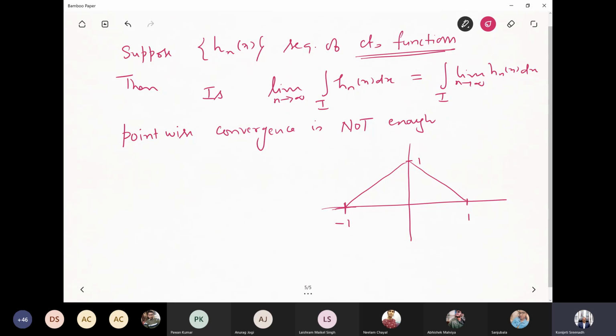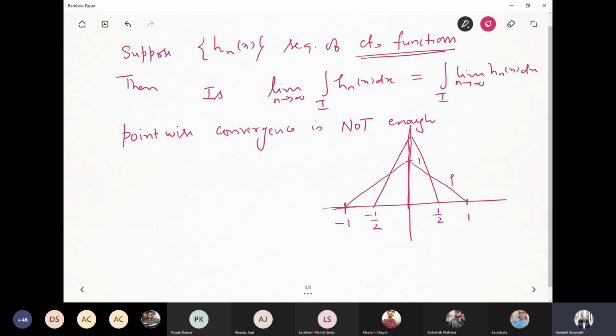And we also take something like this, with the height 2 here, and this is -1/2, like this.